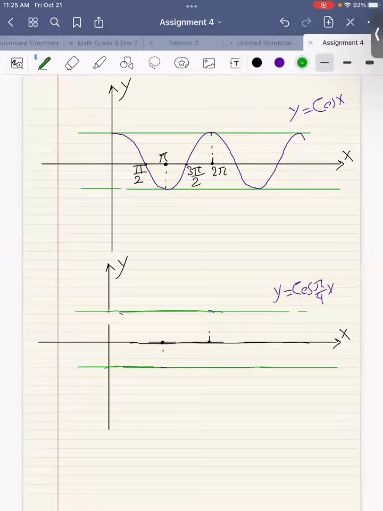So instead of pi half, the first x-intercept would be x equal to 2. So 2 is something between pi half and pi. So it's something like this. This is x equal to 2.